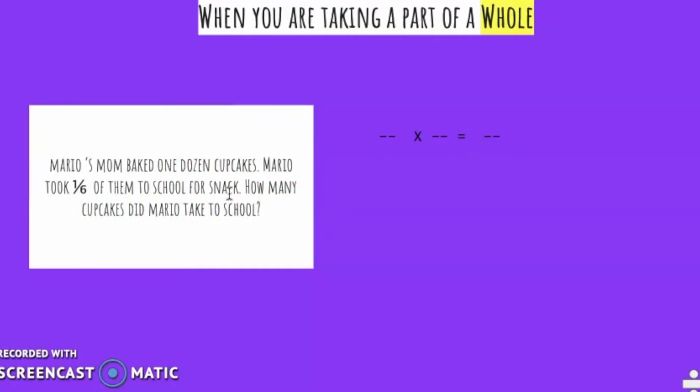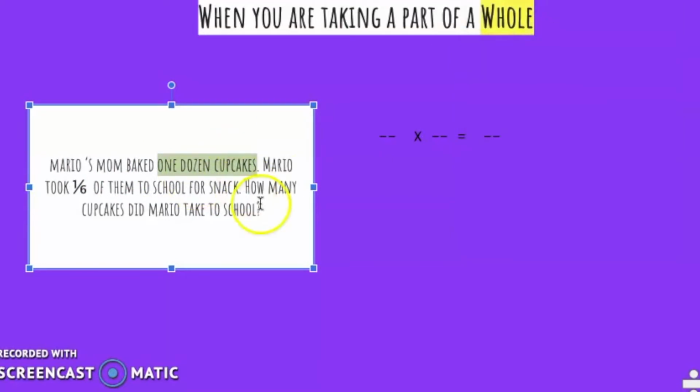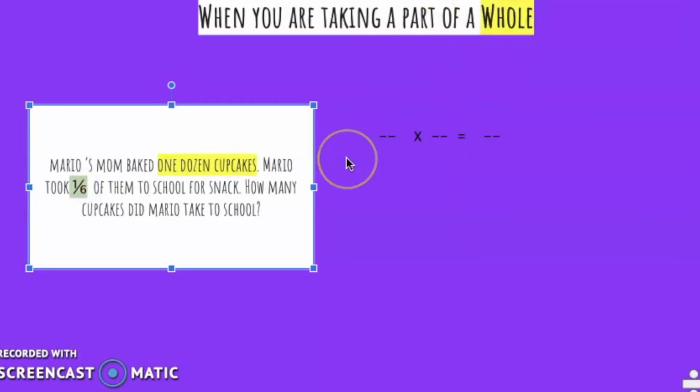Well, I know that Mario's mom baked 1 dozen cupcakes. So I'm going to underline that, or in this case highlight, because that's important information. And I know that Mario took 1/6 of them to school so he can eat it as his snack. Now the question is asking me, how many cupcakes did Mario take to school?